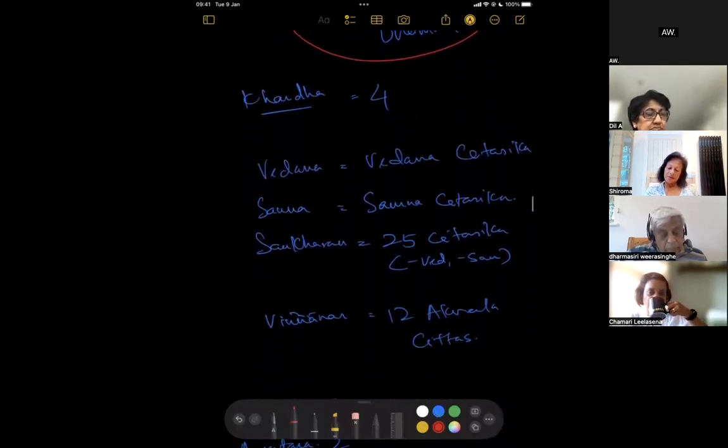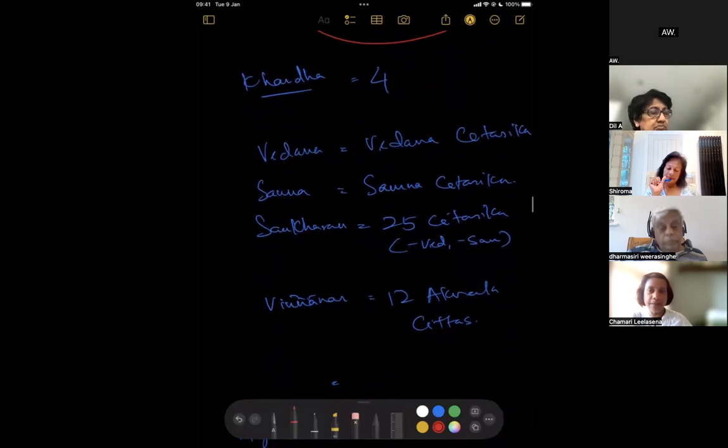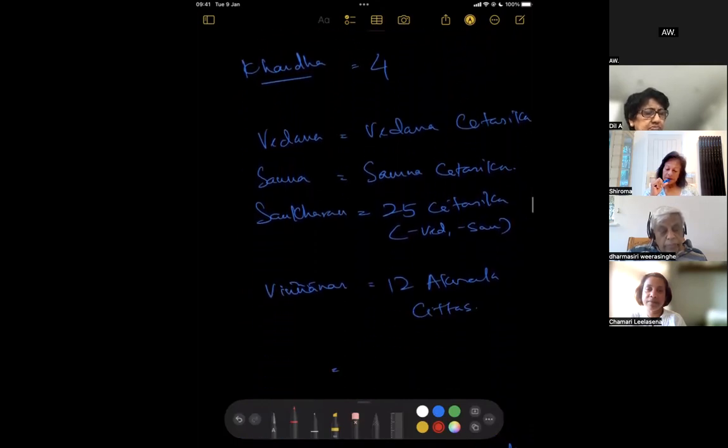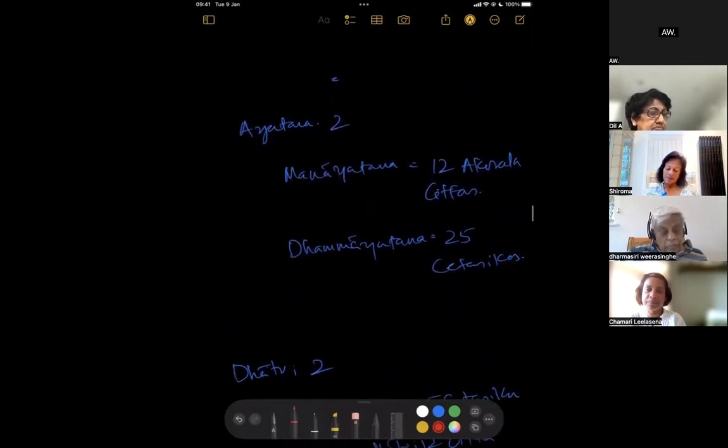So under the Khandha, we have Vedana Chetasika is Vedana Khandha, Sanya Chetasika is Sanya Khandha. The remaining 25 Chetasikas, minus Vedana and Sanya Chetasika, are Sankhara Khandha. And all of the Chitta Dhammas, which are the 12 Akusala Chittas, are Vijnana Khandha.